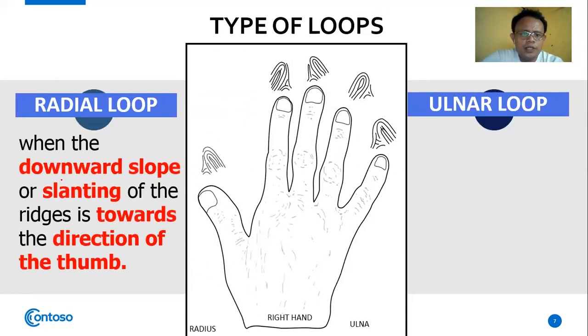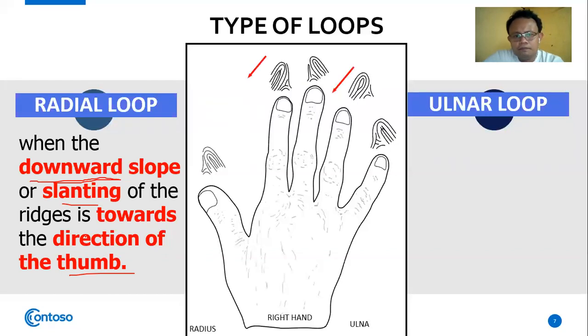Take note of the word downward looping, so from up to down, sloping or slanting toward the direction of the thumb. Again, thumb. It is called radial from the word radius, a bone of our forearm that gives the main support of our upper limb or our hands. A downward sloping toward the thumb.